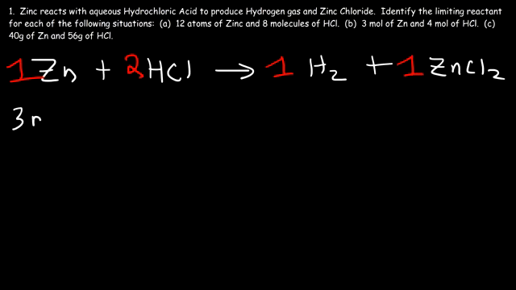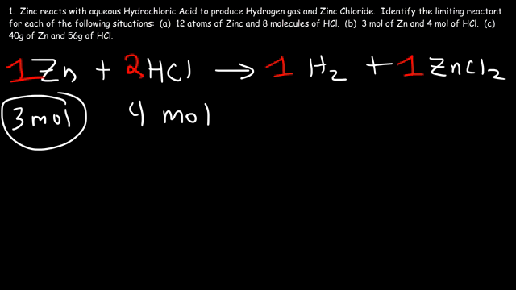We have 3 moles of zinc and 4 moles of HCl. Which one is going to run out first? Is it going to be the 3 moles of zinc or the 4 moles of HCl? Is it the one with less moles or greater moles? You can't tell just by looking at the number of moles.